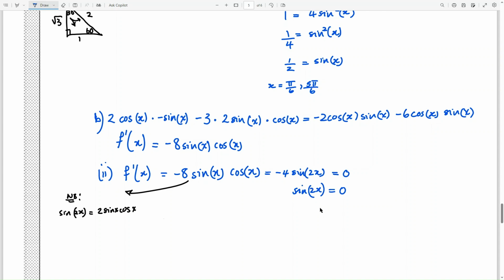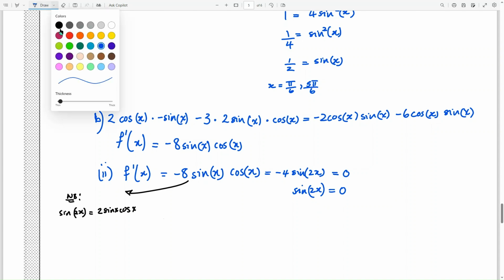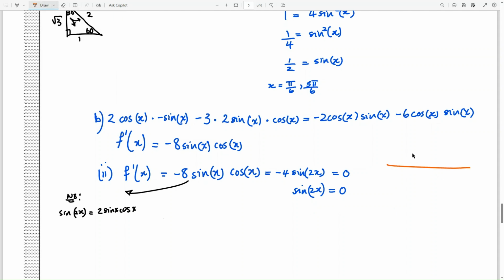So we want what angle gives 0 when you're dealing with sine. The way I like to remember the 0 and 90-degree angles is like this. Let's write all the trig ratios, sine, cos and tan, and then 0 and 90 degrees. Sine 0 is 0, right? Sine 90 is 1.